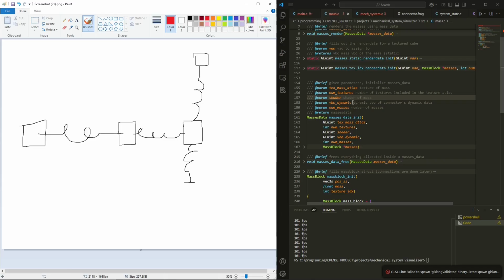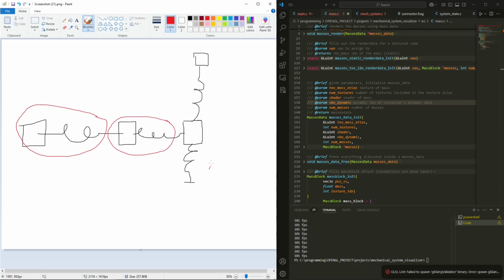Masses data shares the same dynamic data vertex buffer with the connectors data, but it only sends one set of connector ends to the GPU. This is because connectors have masses on their ends, and I am assuming that each mass is connected to a unique connector for now. Using this position of the mass, I just instanced the blocks at each position given.